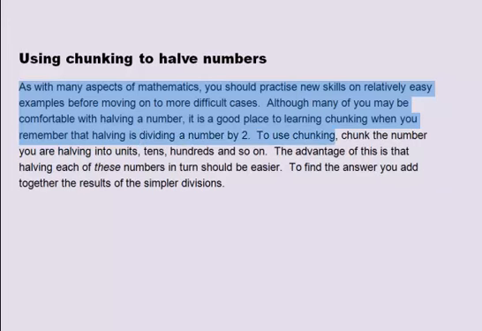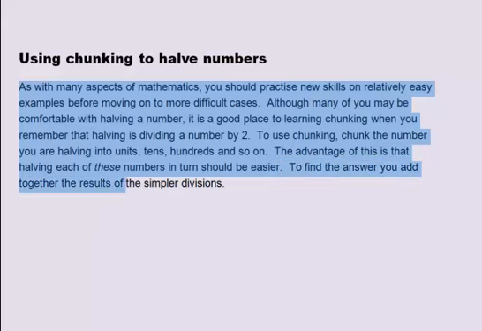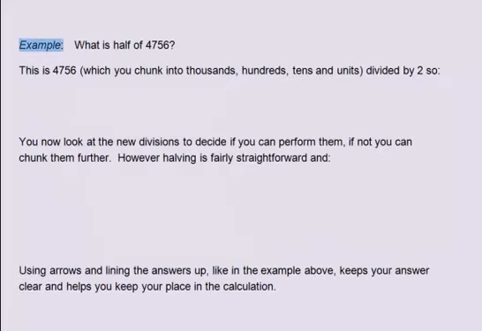To use chunking, chunk the number you are halving into units, tens, hundreds and so on. The advantage of this is that halving each of these numbers should in turn be easier. To find the answer, you add together the results of the simpler divisions. Example: what is half of 4,756?